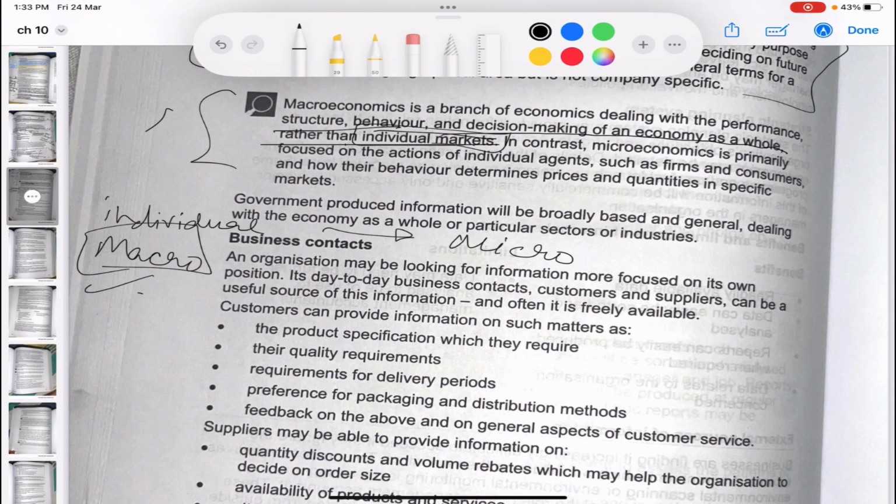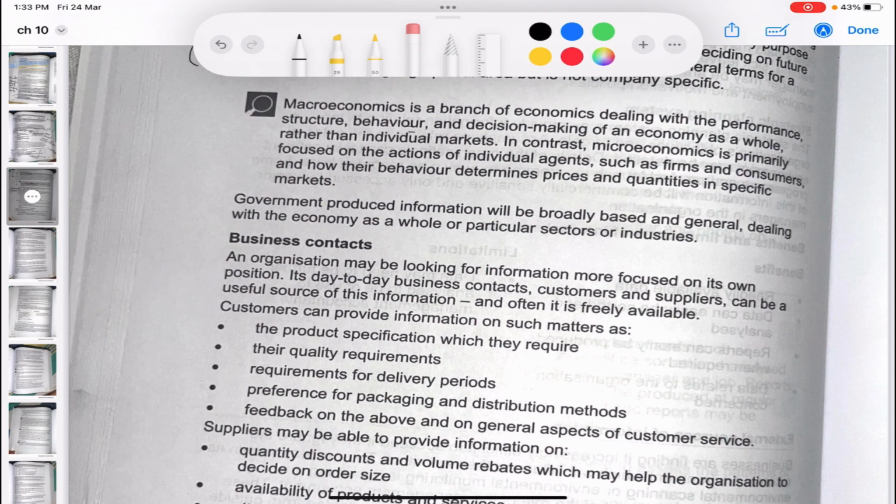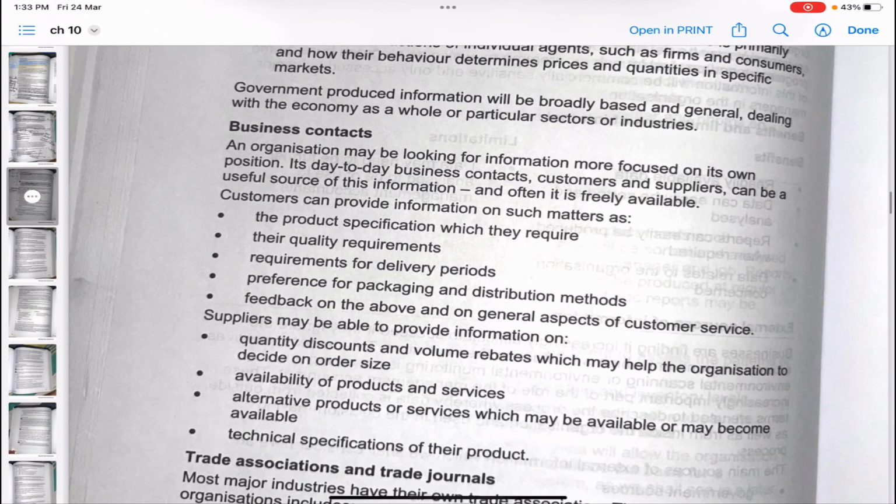In contrast, microeconomics is focused on the actions of individual agents. Individual things are linked to microeconomics, and when we talk about the total or the aggregate, we are referring to macroeconomics.